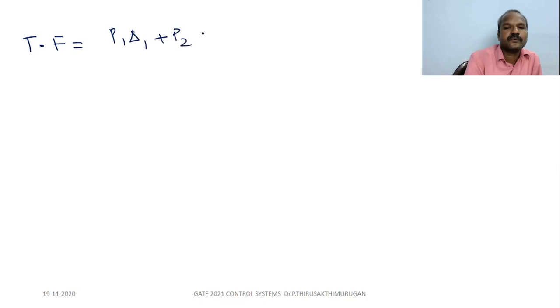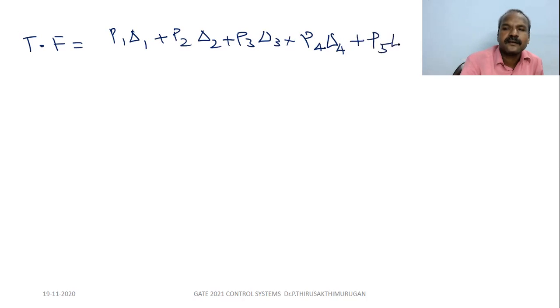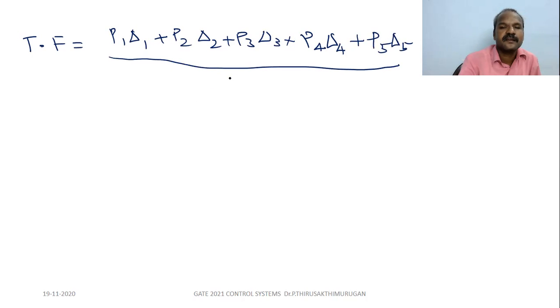So what is the transfer function? Transfer function equals P1 delta 1 plus P2 delta 2 plus P3 delta 3 plus P4 delta 4 plus P5 delta 5, divided by delta. So substitute all the values, my dear students.